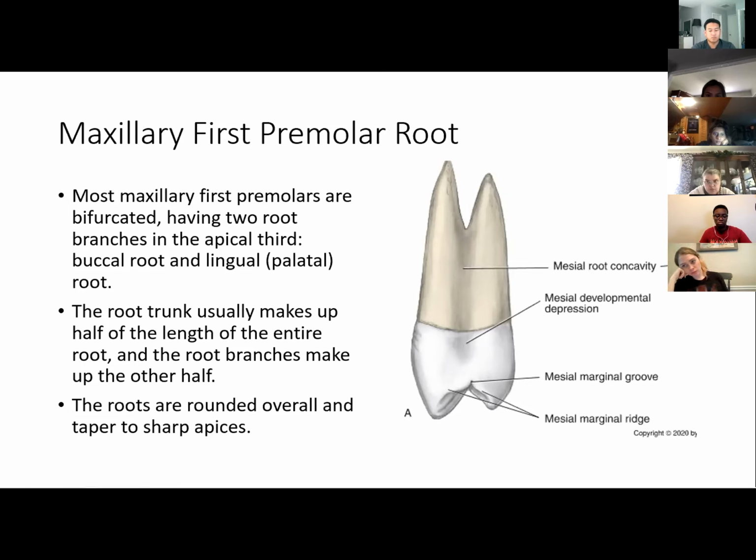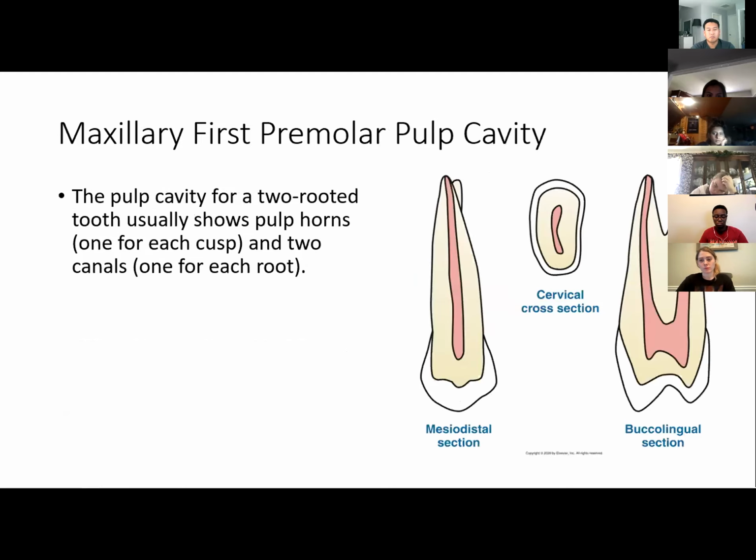The root trunk usually makes up half of the length of the entire root. I mean, to me, it looks like it takes up almost 2/3, but it says half here in the book. And then the roots are rounded overall and tapered sharply towards the apices. All right, so here's the pulp cavity. The pulp cavity for the 2-rooted tooth usually shows pulp horns for each of the cusps.